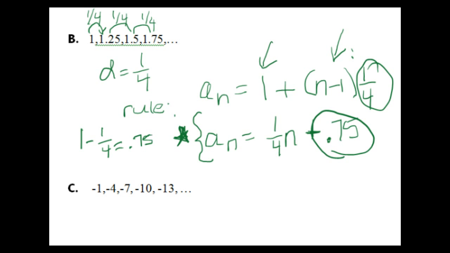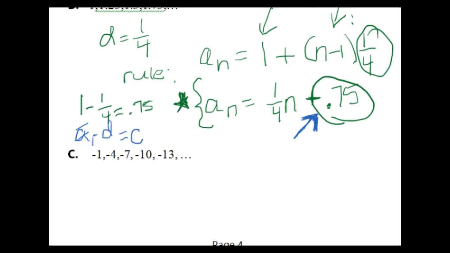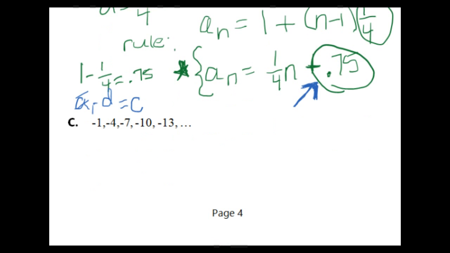So it may not be directly stated that a sub 1 is represented here, but in this number: if you take the first value and subtract the difference, so a sub 1 minus d, you will get what we call C for this general form. I would like you to pause the video and solve for letter C.